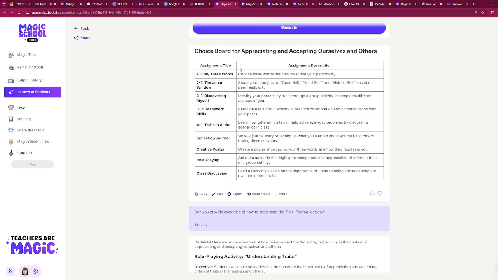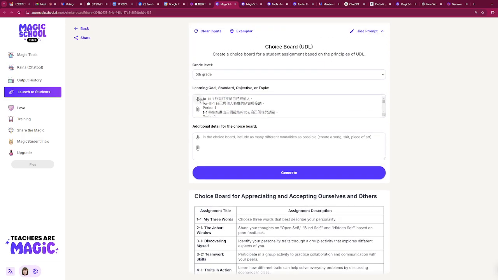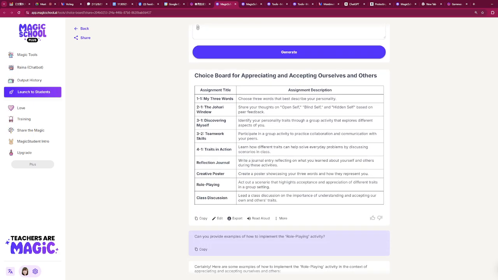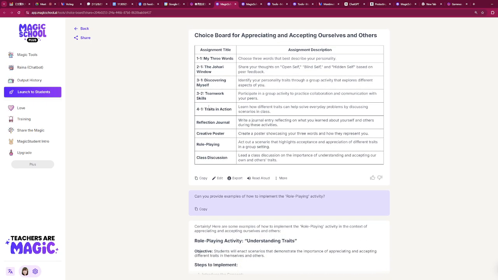Here, for the choice board, I added the same set of objectives, and this is what it generates. The first assignment title is 3 words that best describe your personality. The Johari window: open self, blind self, hidden self, discovering yourself through group activity and teamwork.